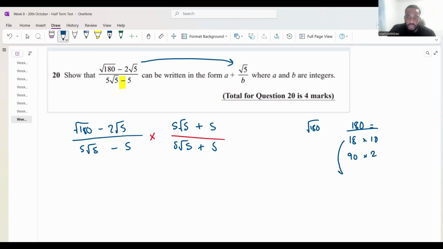Divide that by 2, we got 9 times by 20. Is that it? Must be a bigger one.